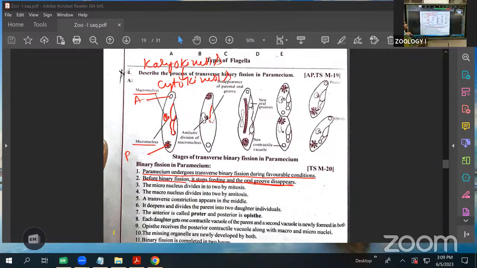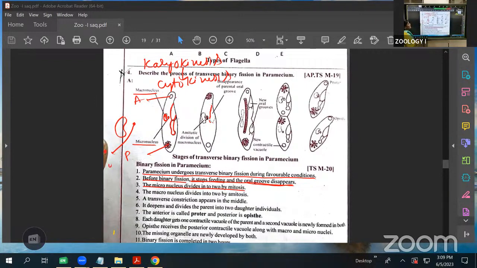After that, next step: this one is the micronucleus, and the bigger bean-shaped one is the macronucleus. The micronucleus divides into two by mitosis. Mitosis is when they divide equally, in equal size.